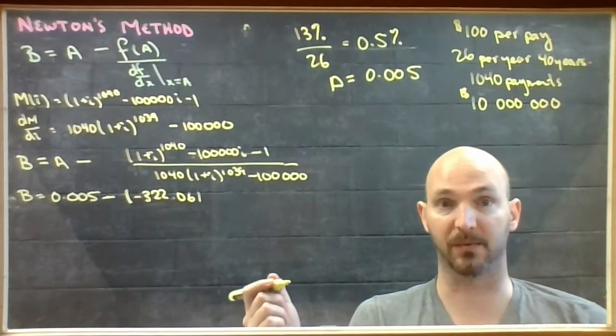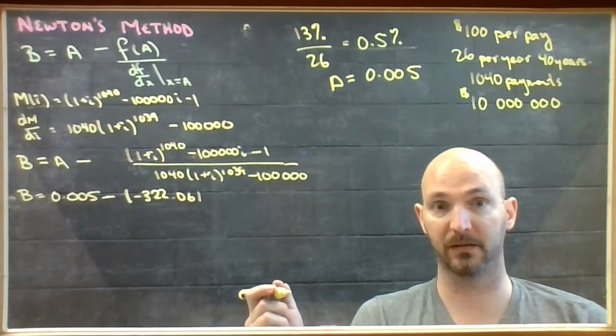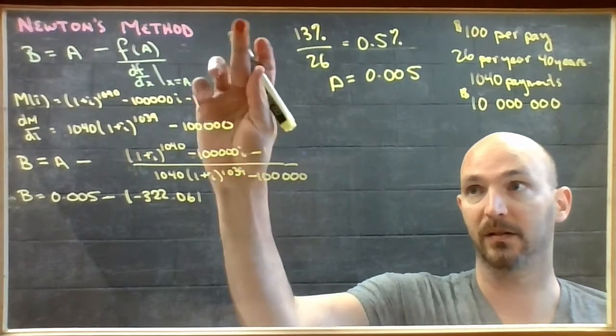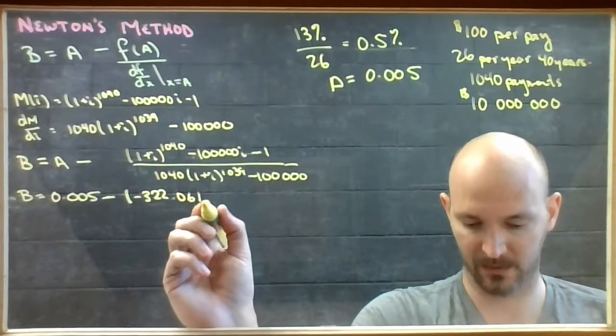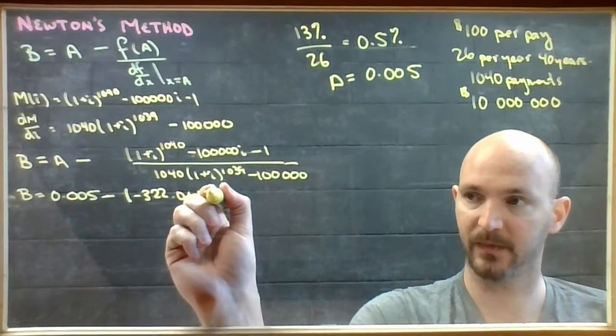How many decimals are we going to keep? 3? Let's keep 3, so 1, 2, 3 plus an extra. There we go.